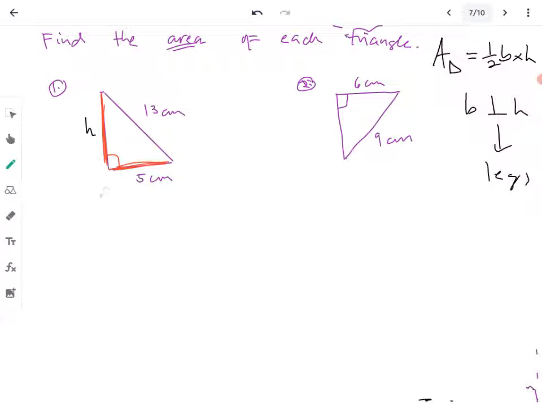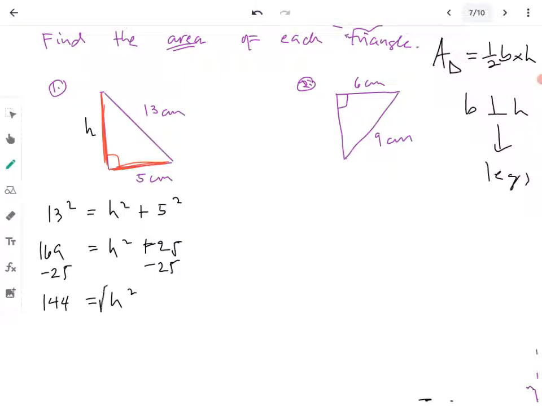So h squared: the hypotenuse is 13, so we say 13 squared equals h squared plus 5 squared. This one is 169, and this one is 25. If we subtract 25 from both sides, we have 144 equals h squared. Taking the square root of both sides, we have h equals 12.